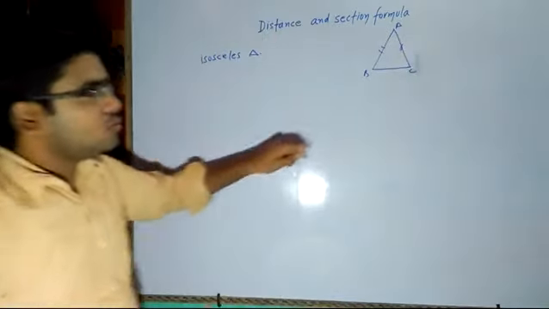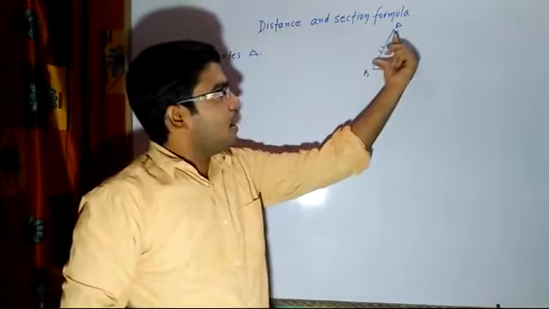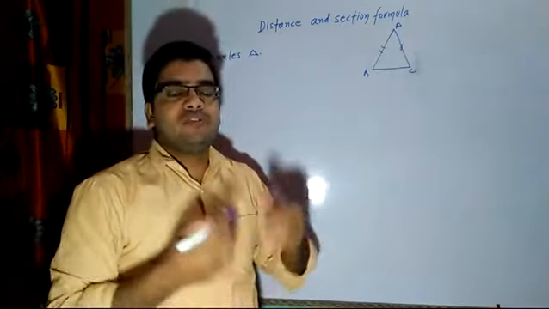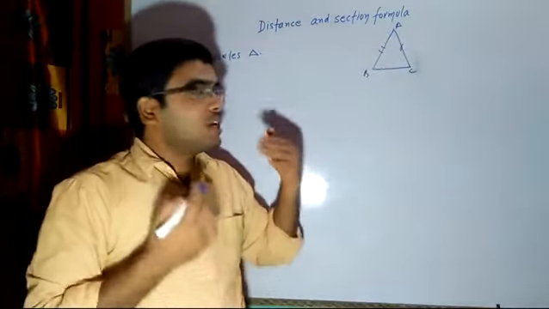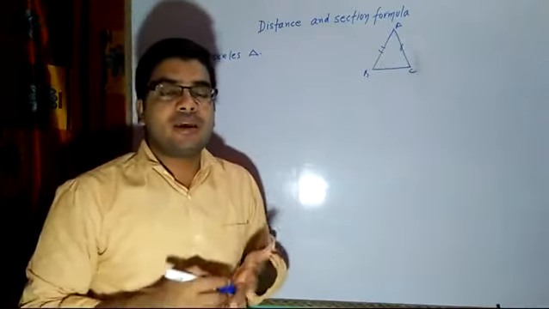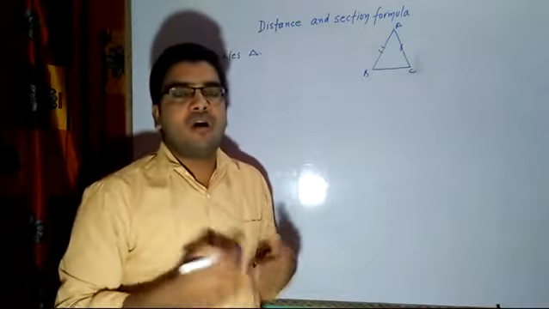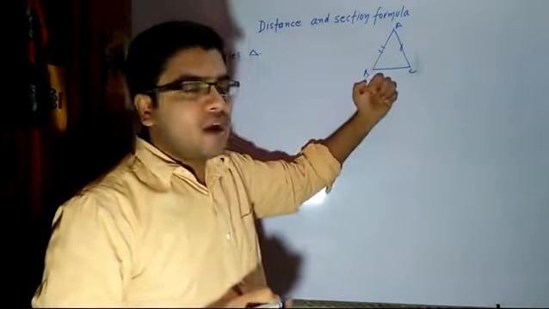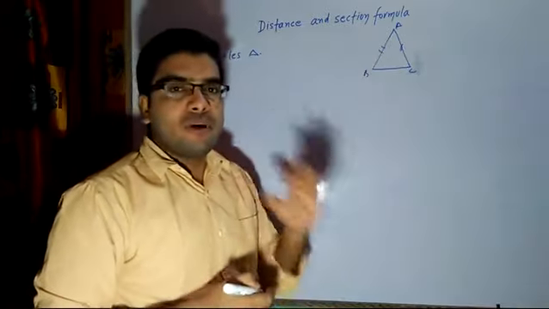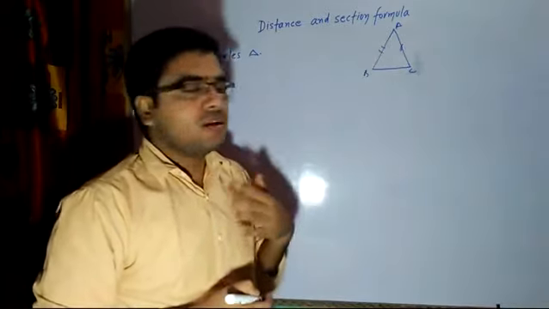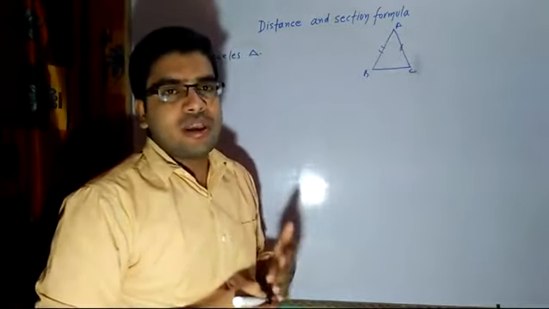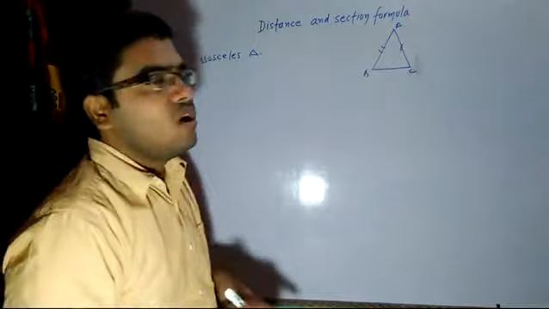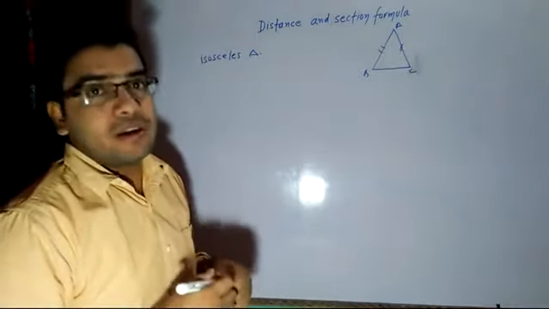If they ask you to find the length of AB, or to prove whether the given 3 points form an equilateral triangle, isosceles triangle, right angle triangle, or whatsoever. They will give you 3 points and ask whether the given points form a triangle, and whether that triangle is isosceles, equilateral, or right angle. Sometimes they may ask you about a scalene triangle, or to comment on the type of triangle.